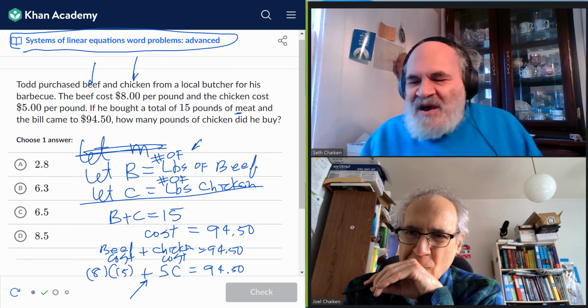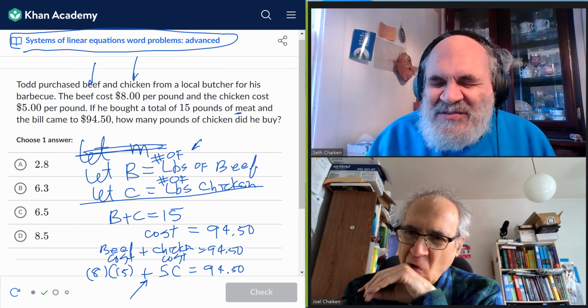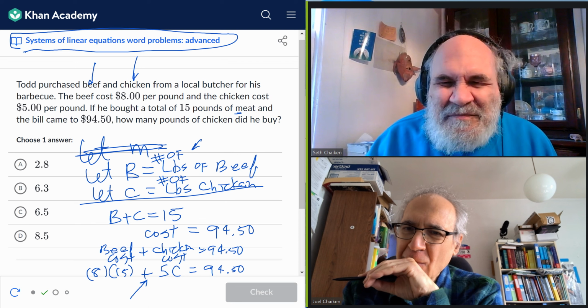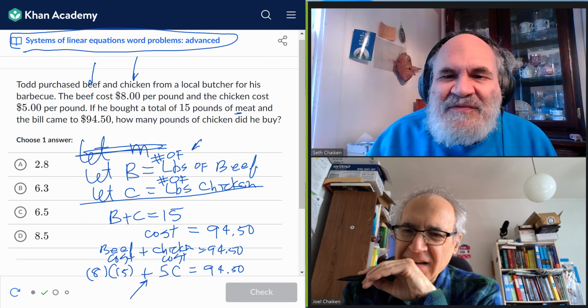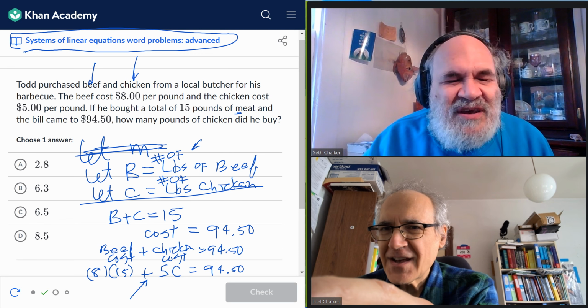That's why you have to be careful not to confuse meat with the unknowns. There's beef and chicken. It's 15 pounds, and the meat means the chicken together with the beef.